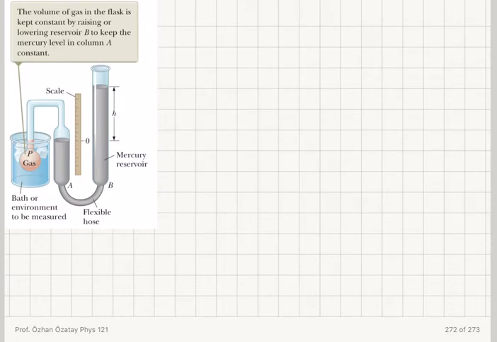Now I want to look at another thermometer. It's the constant volume gas thermometer. How does this thermometer work?